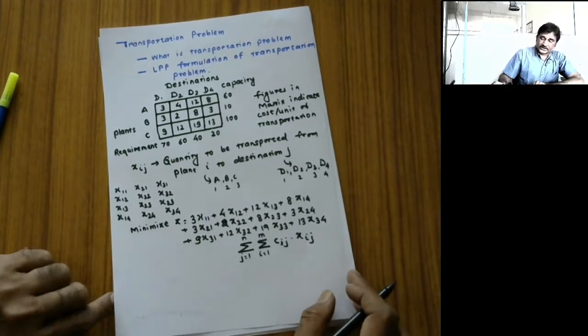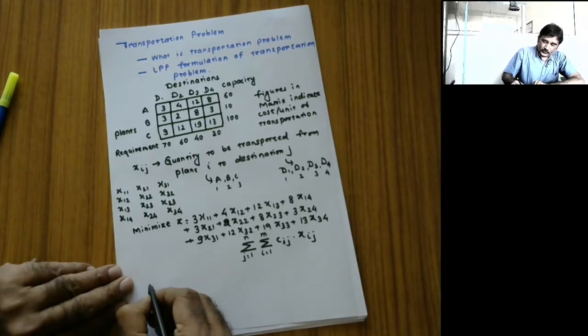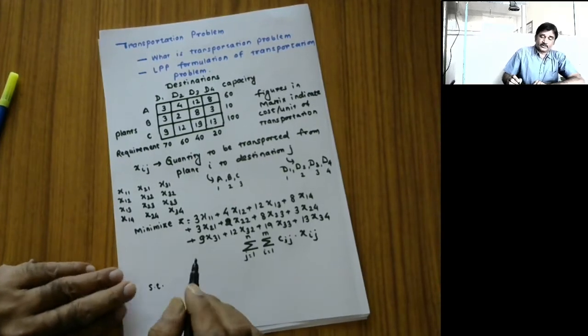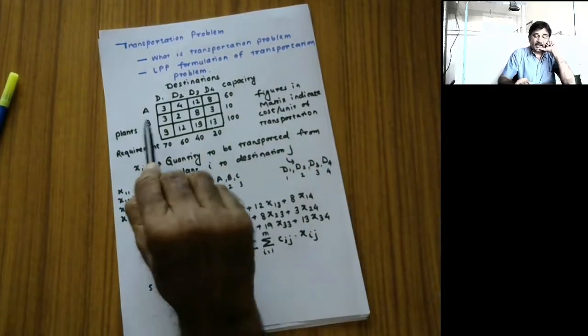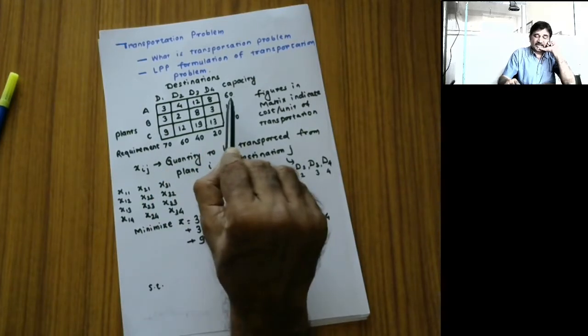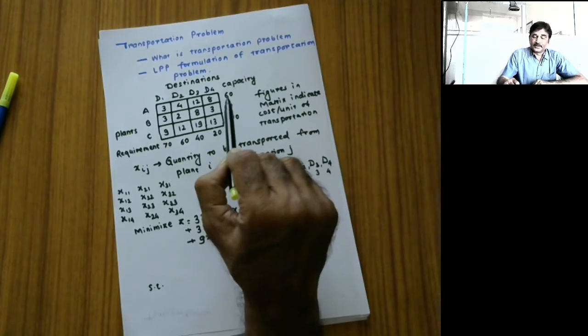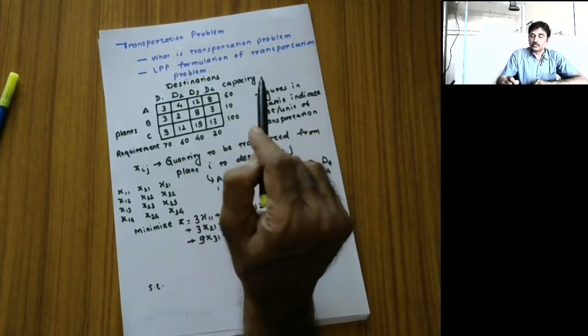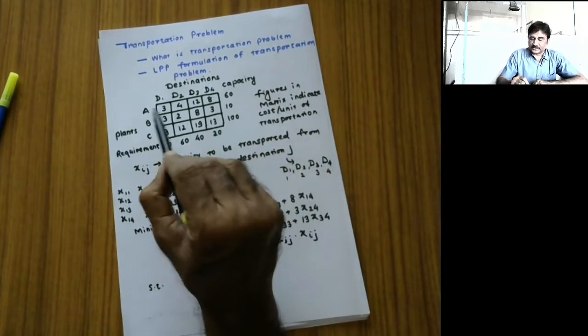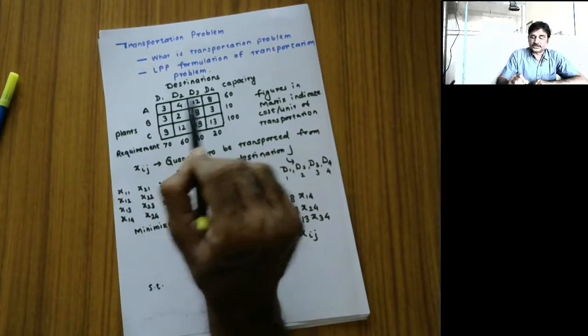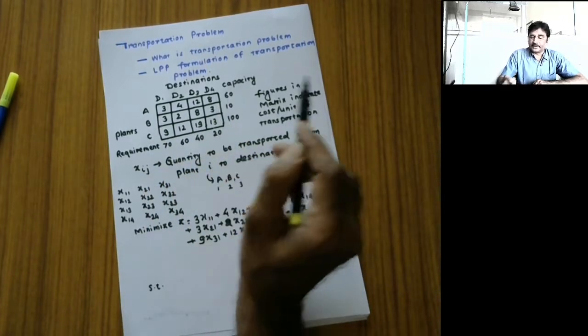Now, subject to constraints, the first constraint. As far as plant A, I know the capacity of plant A is 60 units. So plant A cannot transport more than 60 units. And what is the transportation of plant A? It transports to D1, D2, D3 and D4.